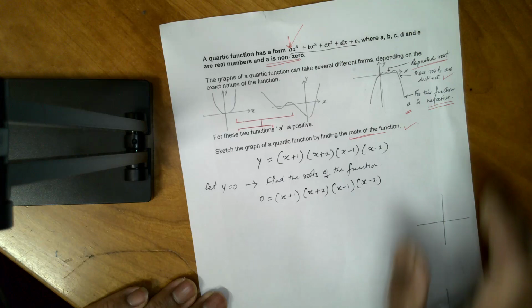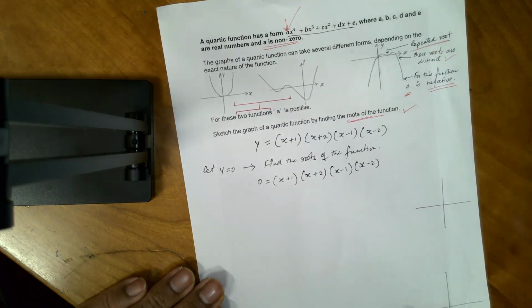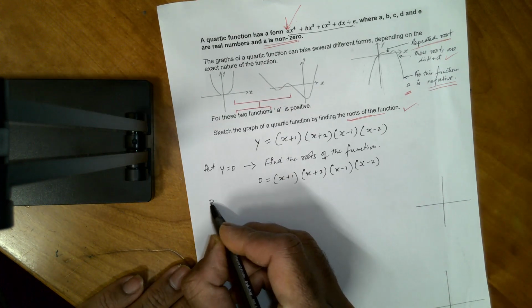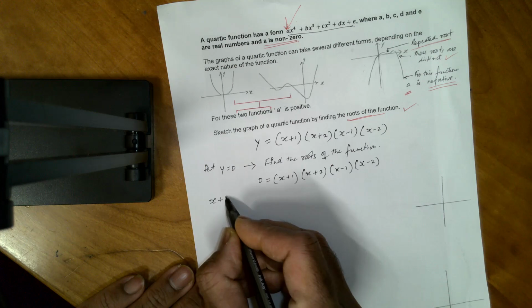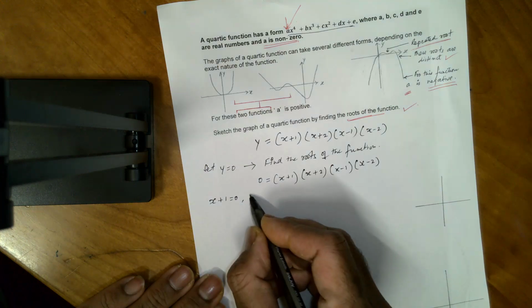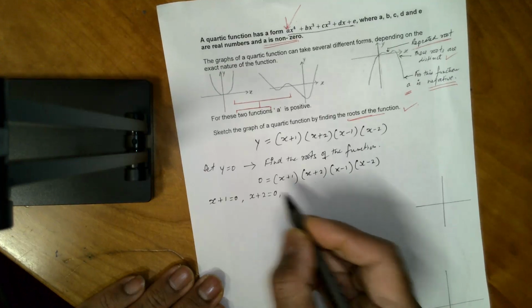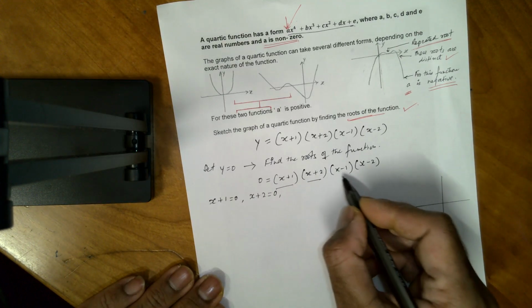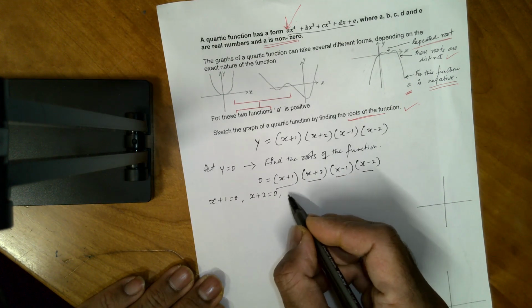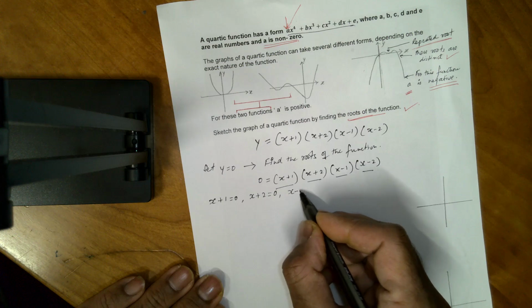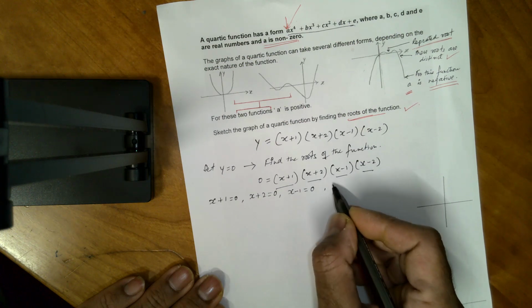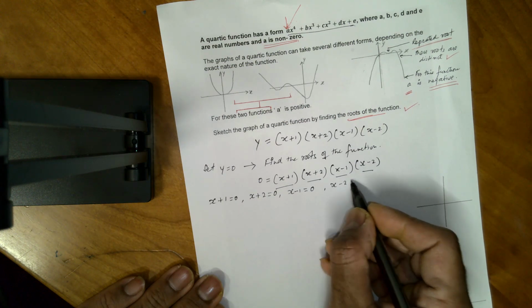I can write these individually: x plus 1 equal to 0, then x plus 2 equal to 0, like this, taking each one individually, and then x minus 1 equal to 0 and x minus 2.